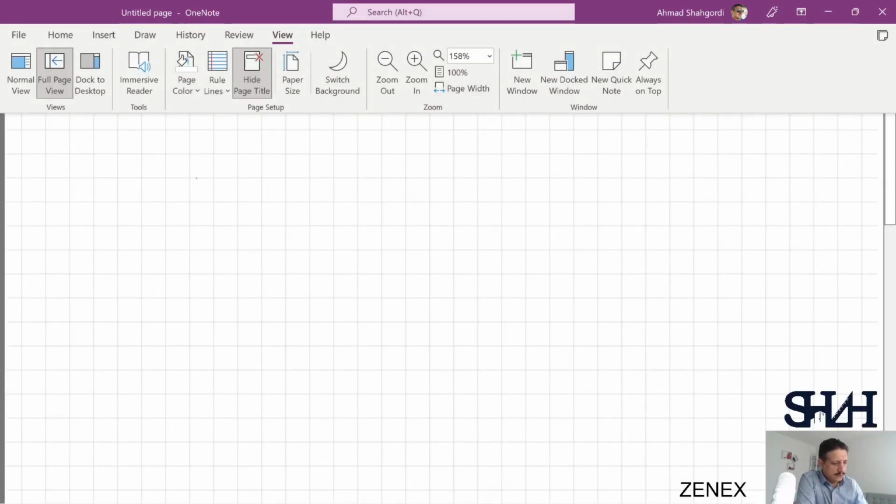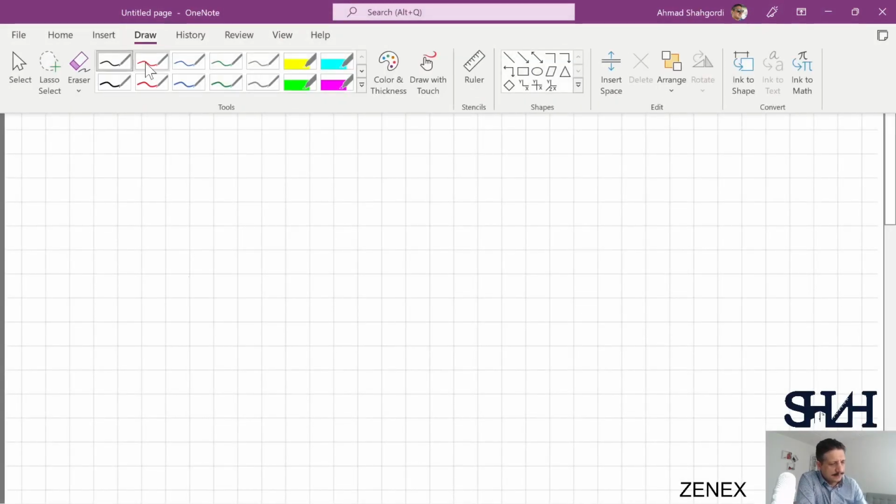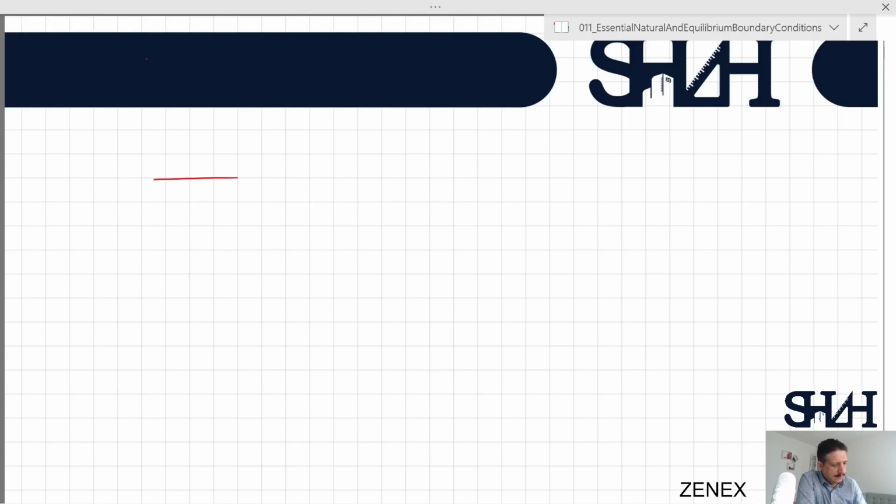Let's assume we have one element with the length of L, and at point A and point B, we have certain conditions in terms of rotation and displacement.